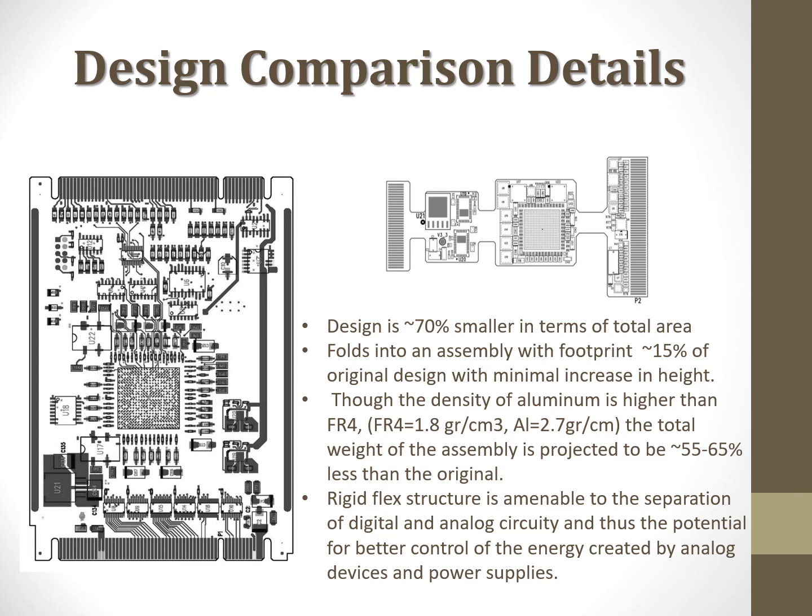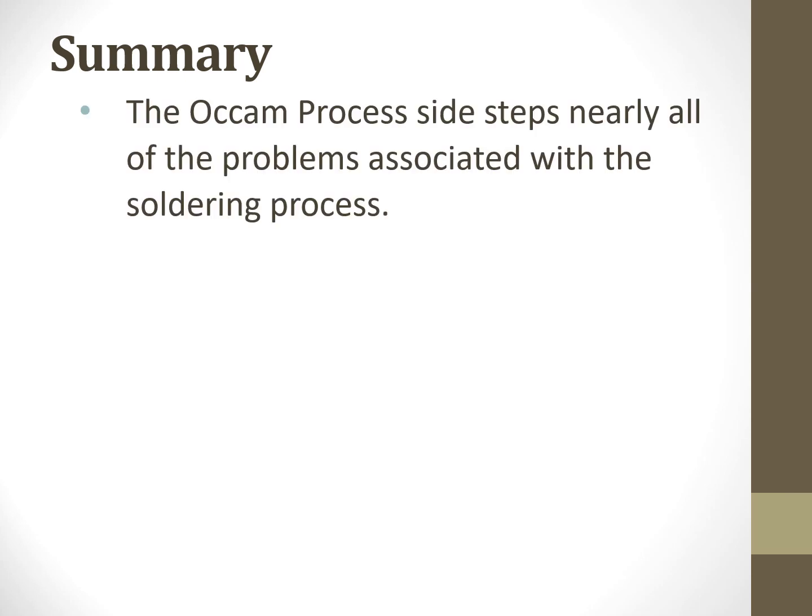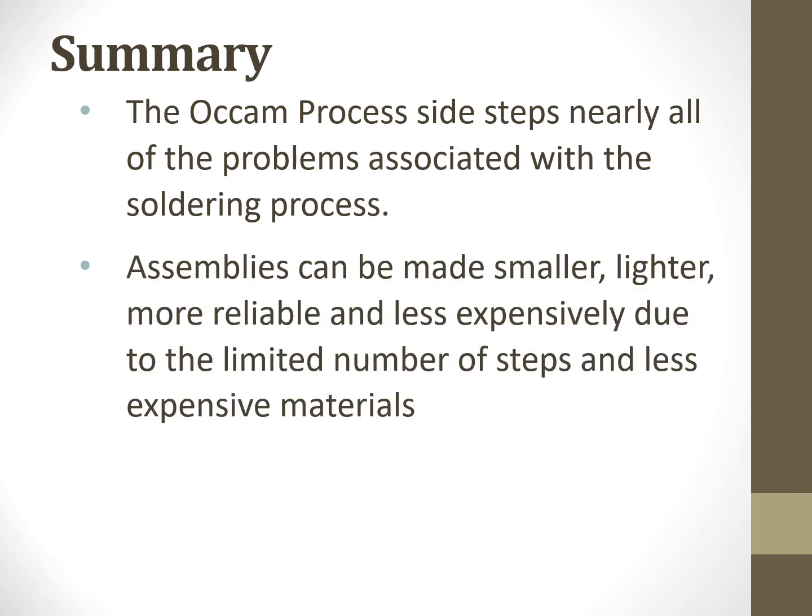Although the density of aluminum is higher, the overall weight should be significantly lower, and the rigid flex structure allows you to do the separation of digital and analog circuitry, and the potential for better control for analog and power devices. So in summary, the Occam process sidesteps nearly all the problems associated with the traditional soldering process.